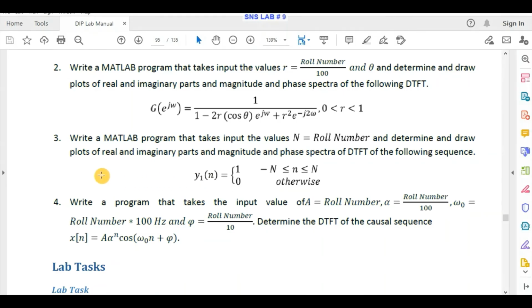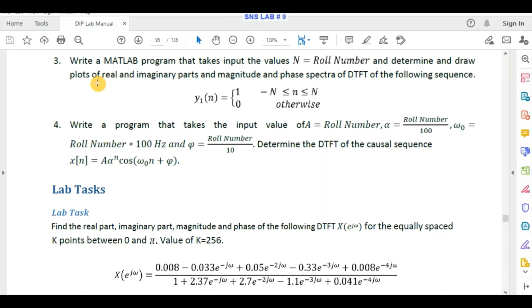Now we will go for the next question, in which it is asked to find the DTFT of a given signal. The signal is y of n. The signal value will be 1, where the range is from minus n to n. In the question statement you can see n is the roll number of the student, otherwise it will be 0.